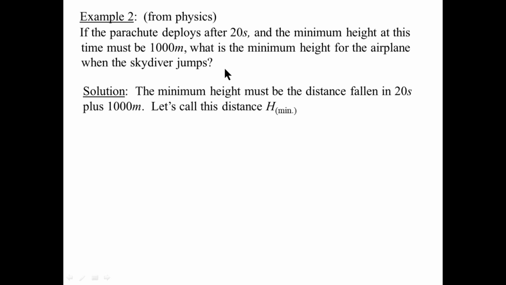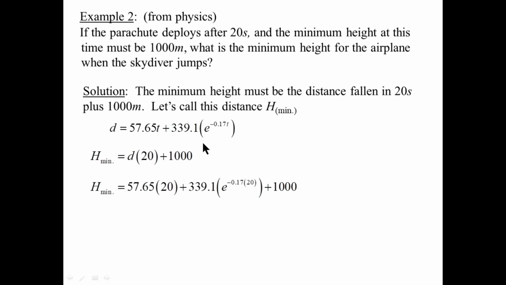Solution. The minimum height must be the distance fallen in 20 seconds plus the extra 1,000 meters. Let's call this distance height minimum. Bringing forward the formula for distance, height minimum must be d of 20 plus 1,000. The math is pretty simple.